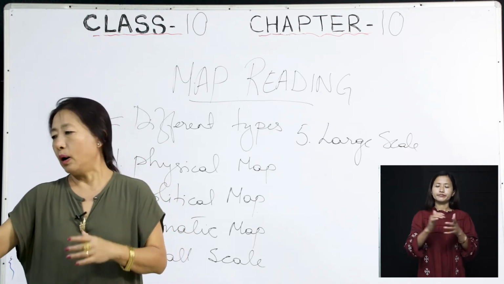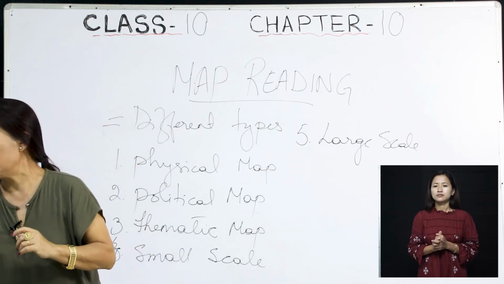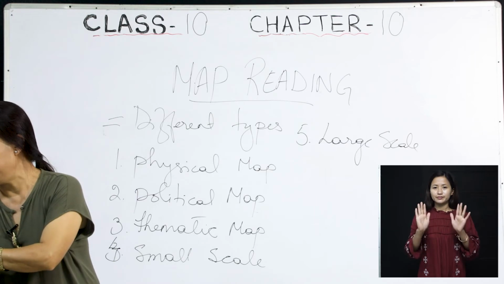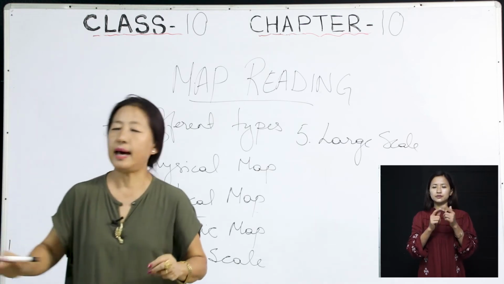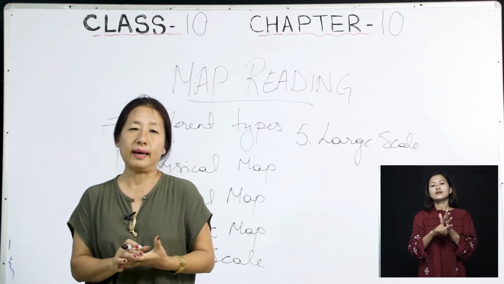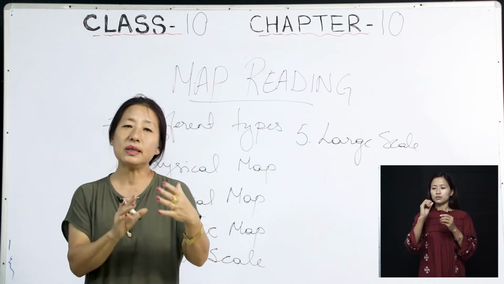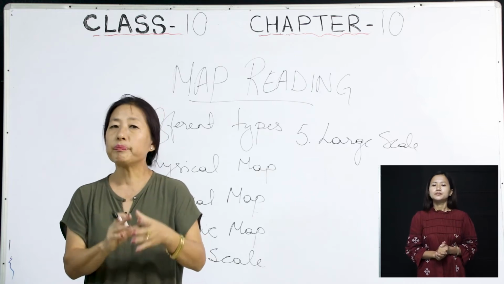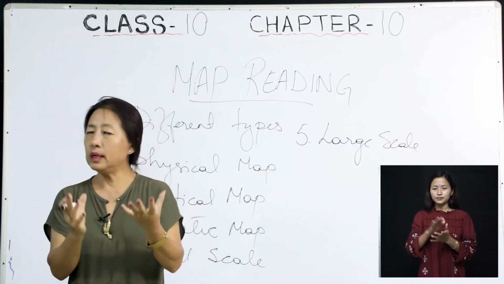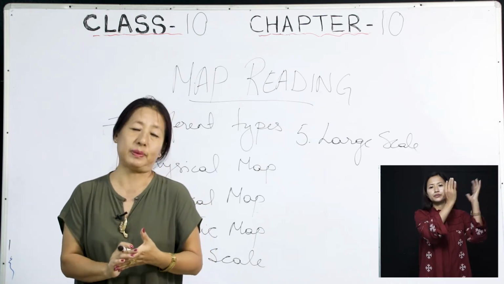Now coming to the next one, we have these conventional signs and symbols. Now when we look at these conventional signs and symbols, you will find that all these are universally accepted. Got it?